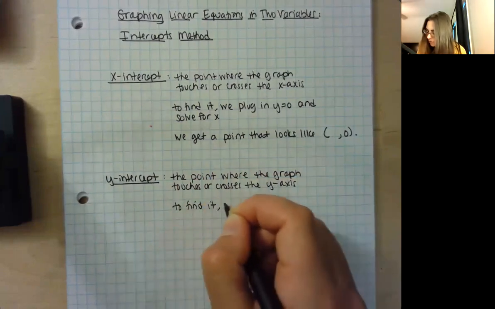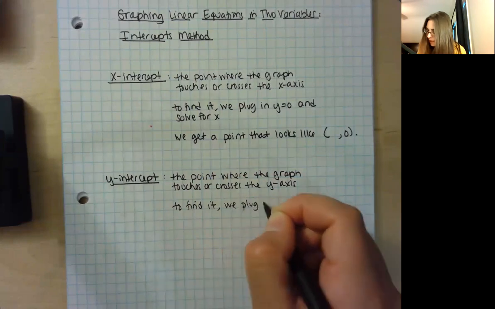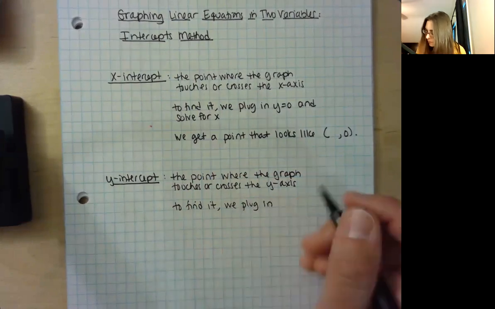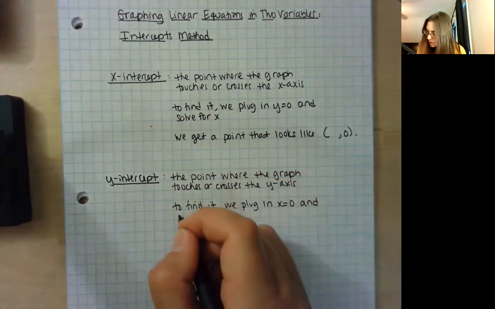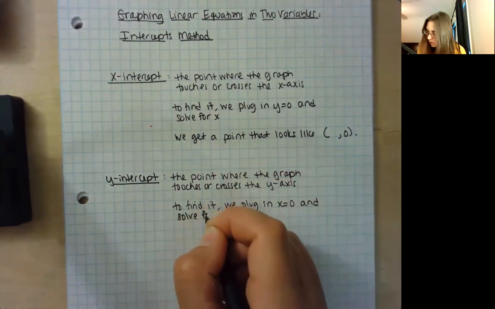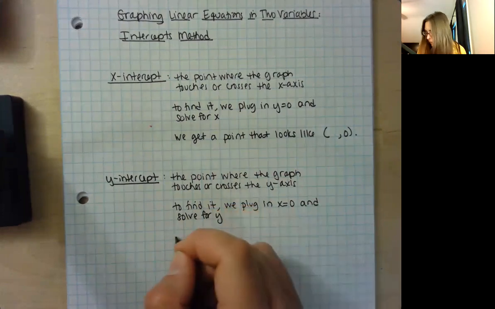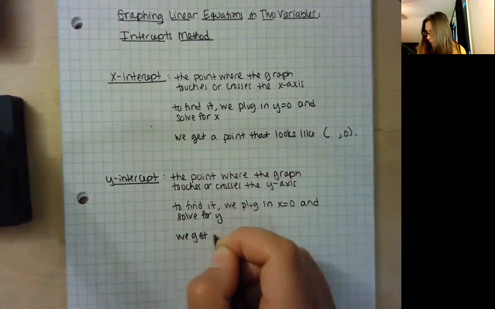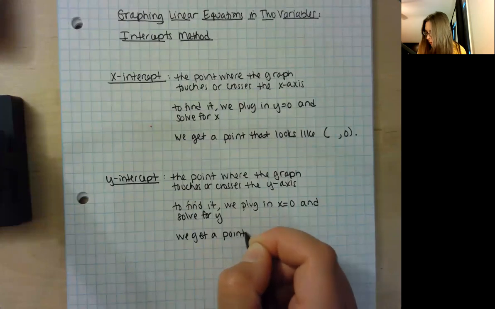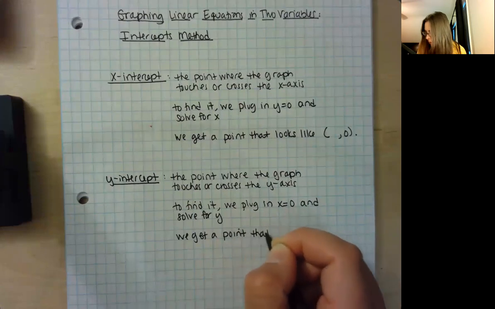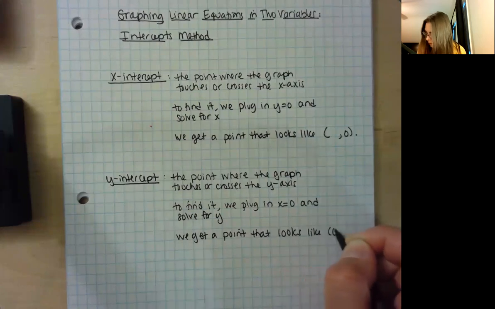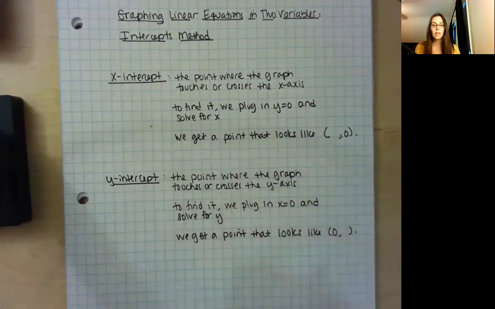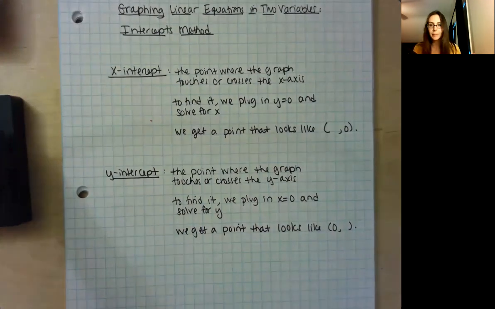To find it, we plug in x equals 0 and solve for y. We get a point that looks like 0, comma, some number.